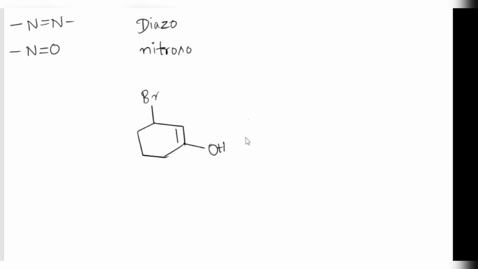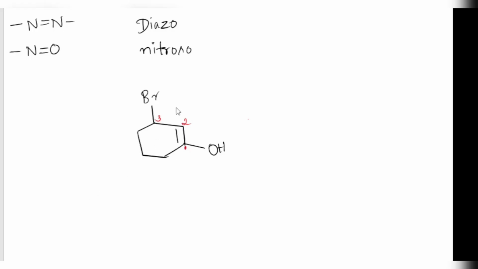We know the rules, but from where does numbering start? From the functional group. That's why this carbon atom gets priority number 1, then 2, then 3. Now I will try to write the name.